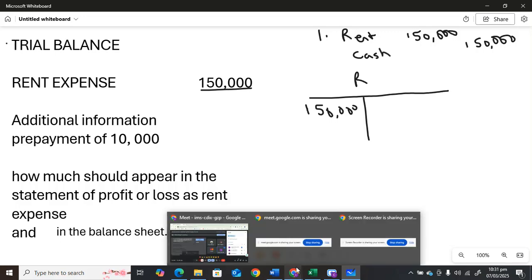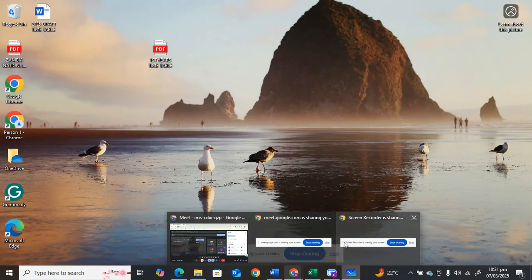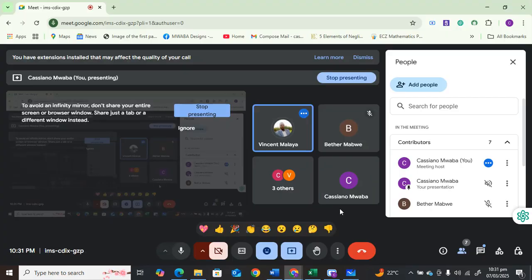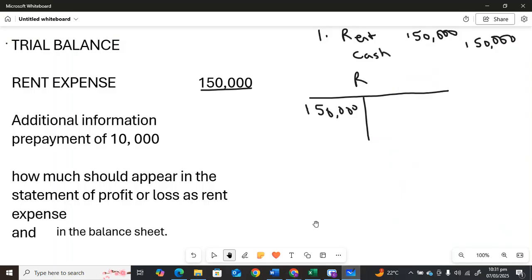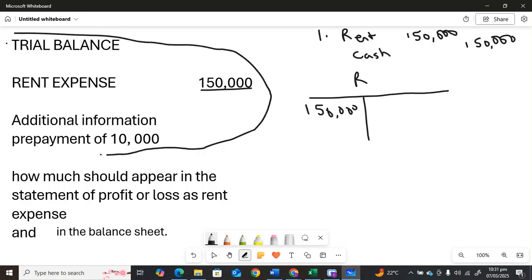Remember, just look at this information here, these two figures here.